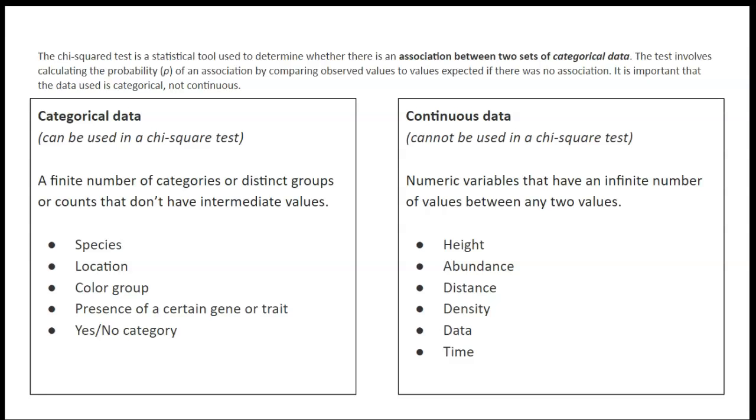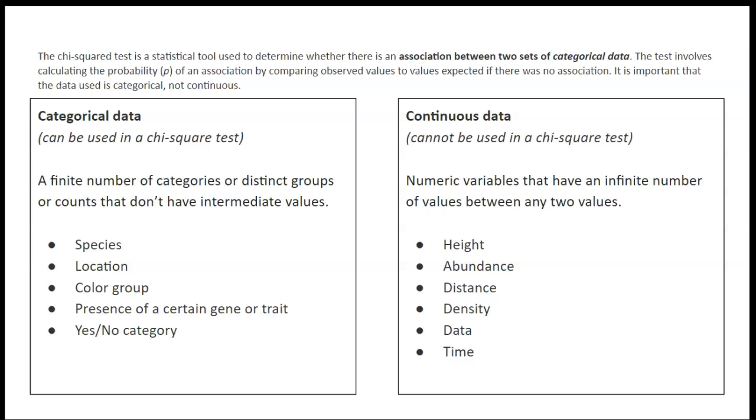Categorical would be like the species found in a 1 square meter area in a lake or, I don't know, in a marshland. Location, presence of a certain gene, like a yes-no category. Whereas continuous is something like height or distance or time, something that has an infinite number of values.